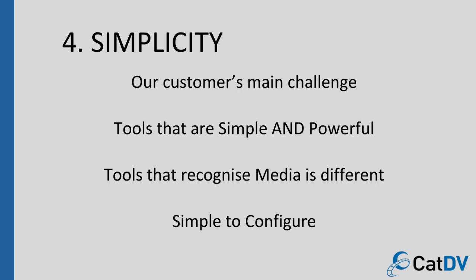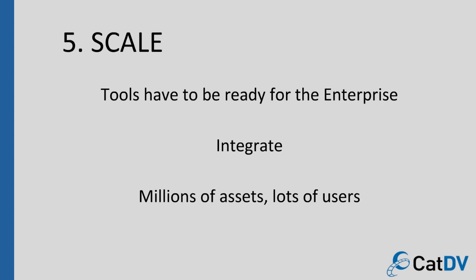Our fifth ingredient, scale. Clearly tools have to be ready for the enterprise. And so, we know that there are several of these kind of simpler systems in the market where they'll run out of road. They might run out of road in terms of the number of assets they can support, or the number of users that they can support. So having a tool that can scale with you as you become more sophisticated in your asset management needs is really important.